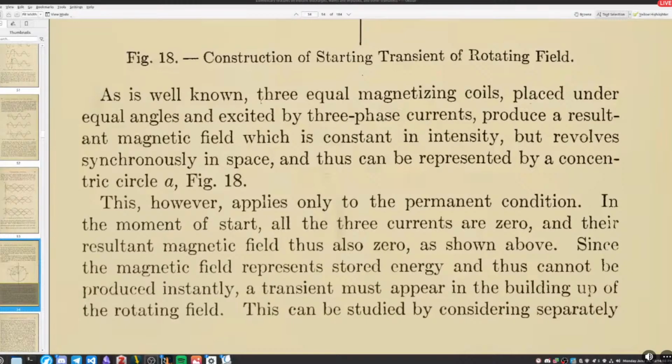As is well known, three equal magnetizing coils placed under equal angles and excited by three-phase currents produce a resultant magnetic field which is constant in intensity but revolves synchronously in space, and thus can be represented by a concentric circle shown in Figure 18, or shown by A or alpha.